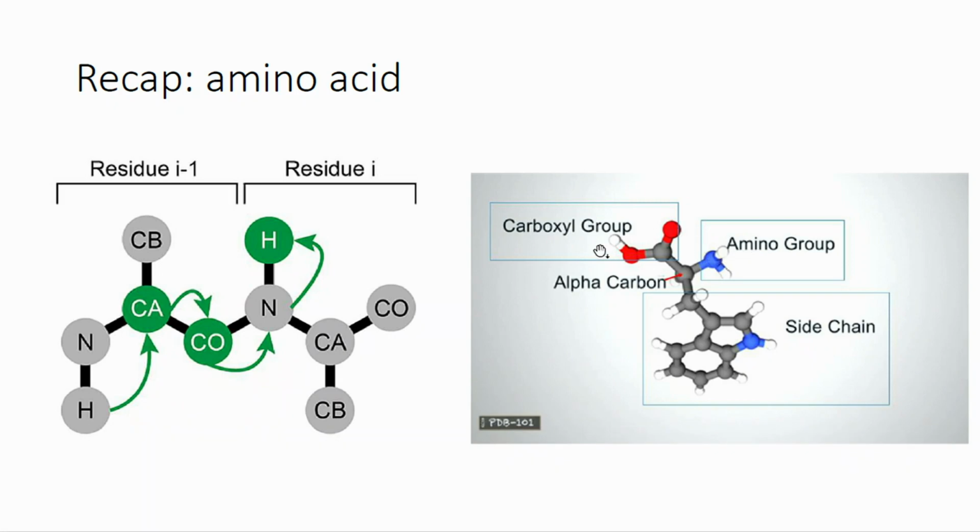Through these reactions, these two groups will be connected with the help of the right enzyme, and water will come out, and the next unit will be connected, where the carboxyl group of one amino acid will be connected to the amino group of the next. That's how we get a polymer from a repeated unit of the single amino acid.